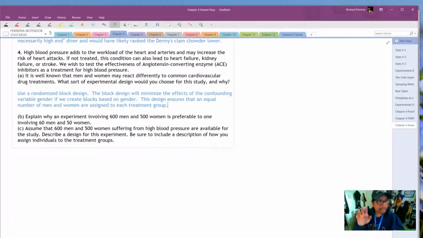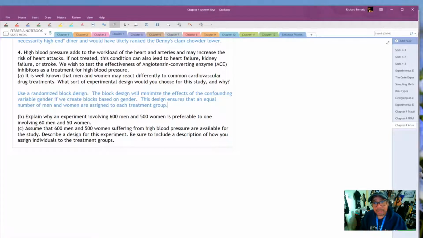Okay. B. Explain why an experiment using 600 men and 500 women is preferable to the one involving 60 men and 50 women. This question really is about sample size.